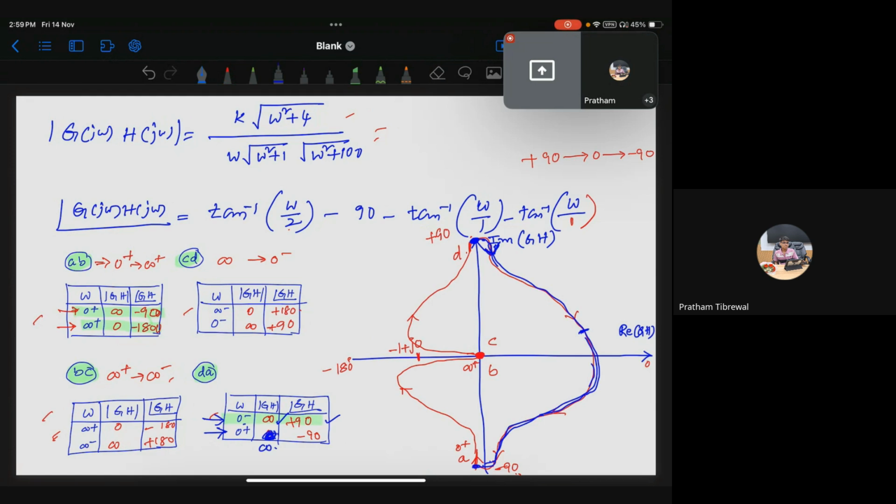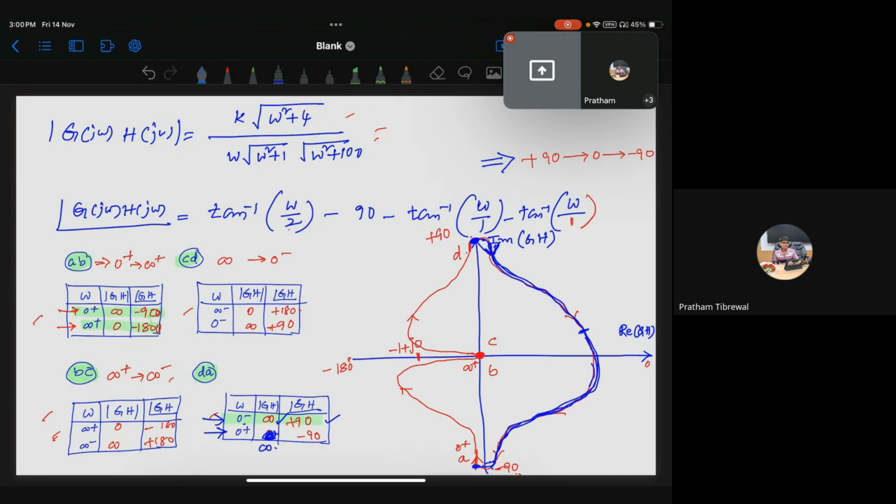Now what you are doing basically here, values are fine, infinity and infinity, but the angle is going from -90 to +90. So how can you go from -90 to +90? First you start at +90, slowly go to 0, then go back and go to -90.